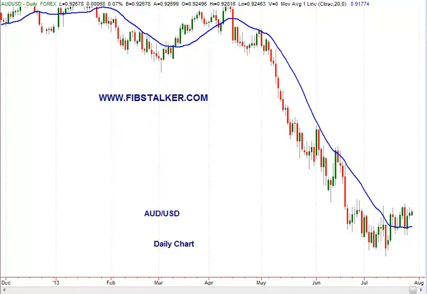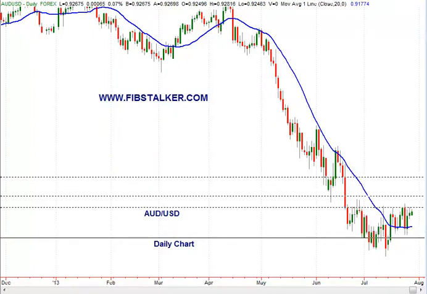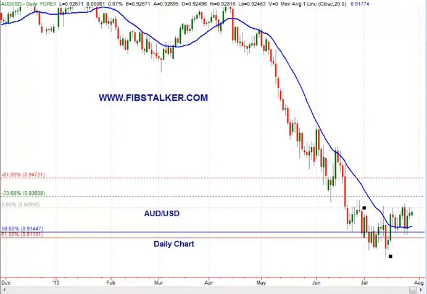Now this week the market has been very weak, and I have a line in the sand for this market. This line in the sand is this 0.9110. If price moves below this level, then we will see a continuation lower.